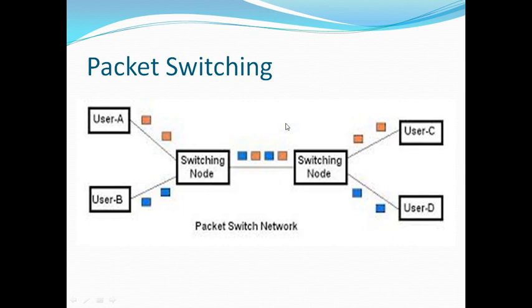There can be as many switching nodes, and the data is sent across the network haphazardly, meaning it is not in sequence, and at the receiving end the orange packets and blue packets are sorted out and delivered in the right order.